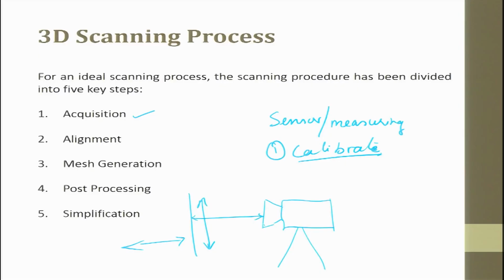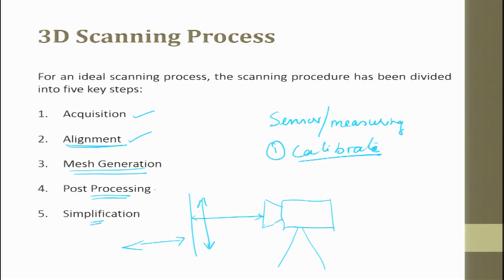Then we align the data to some reference point. Then we do mesh generation, so that we can understand how the surface is. Then from the mesh generation we do post processing, and at last we do simplification, where we try to remove unnecessary data.